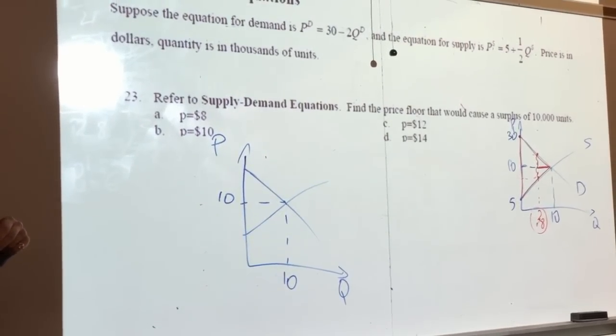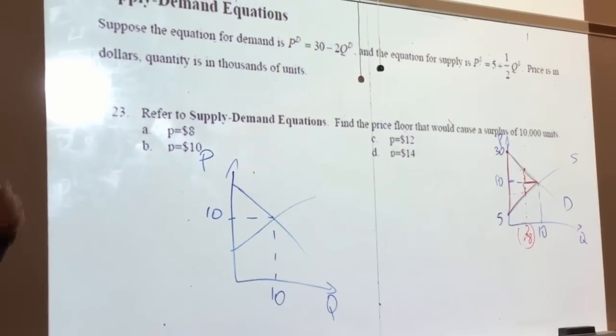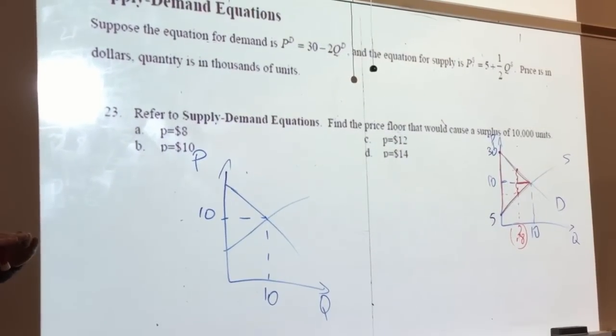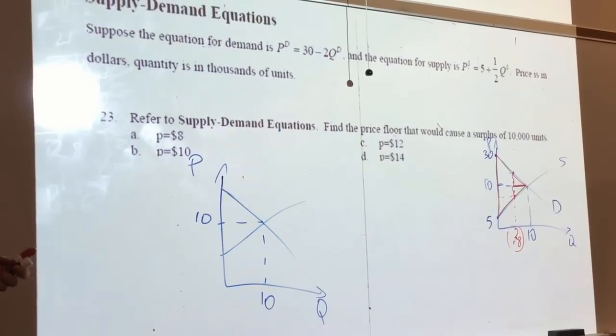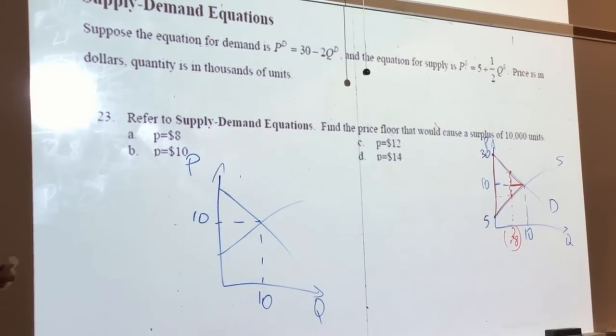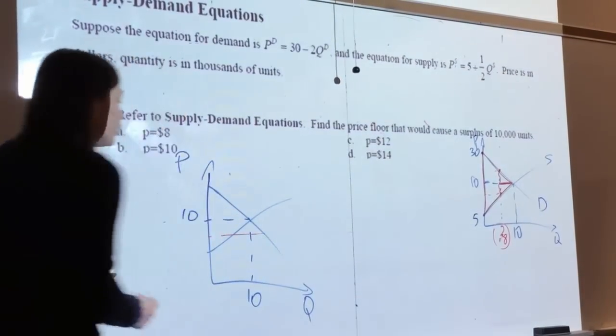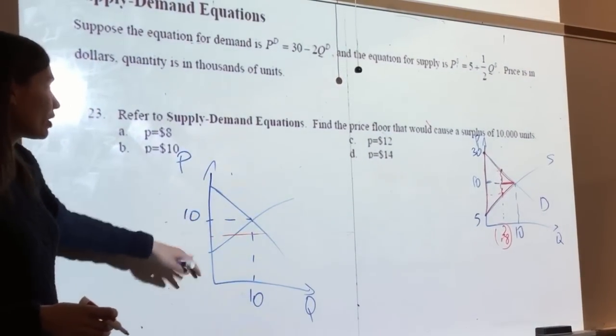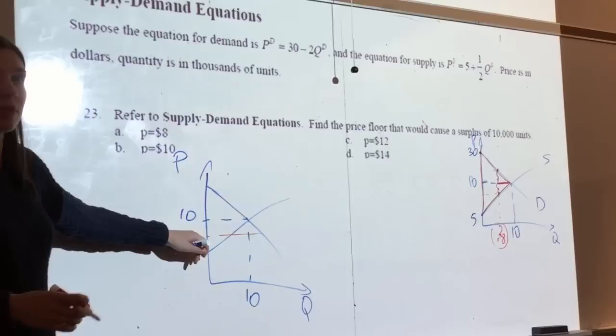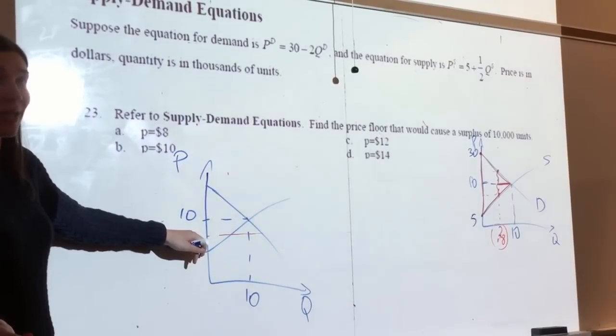We just said that less than 10 does not work, because this is a floor. So it needs to be higher than 10. That's the only other option. So if you put a price floor here, you're basically saying, you cannot sell for less than $5. And the market is like, okay, we're not doing it anyway.